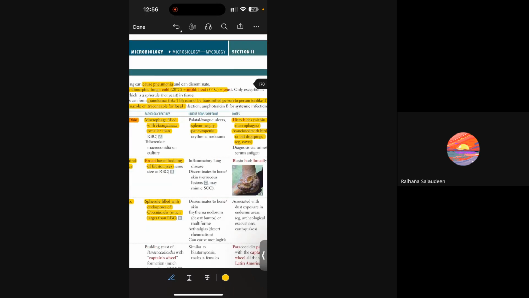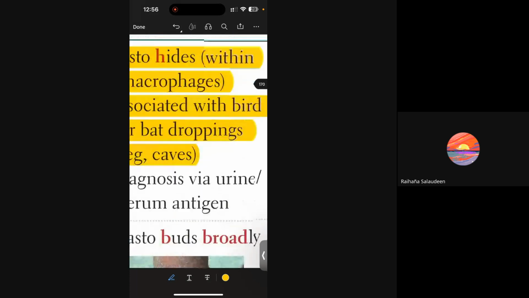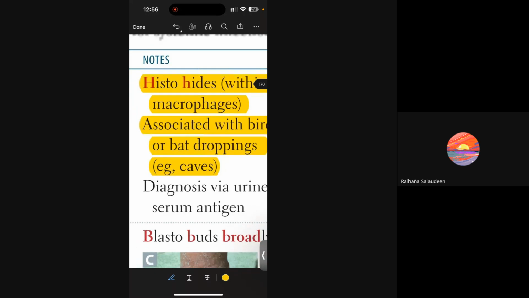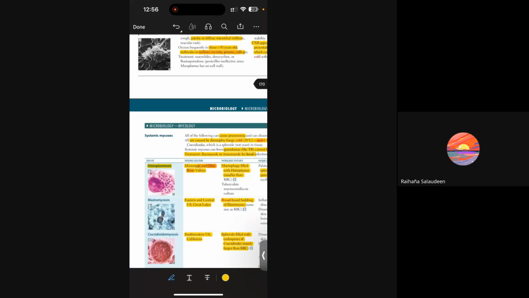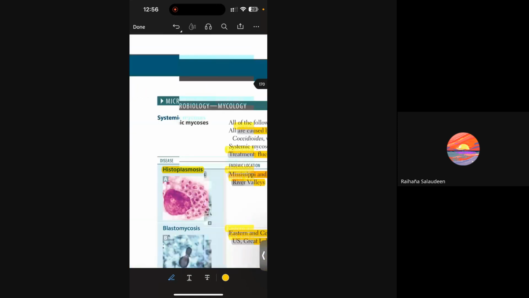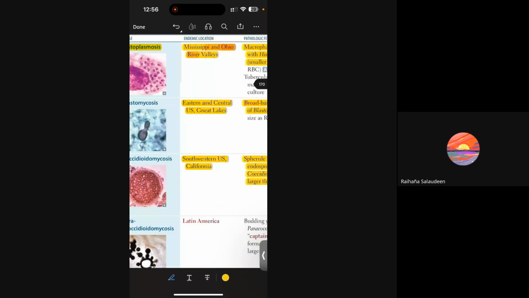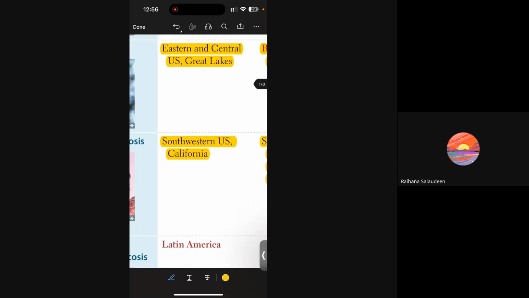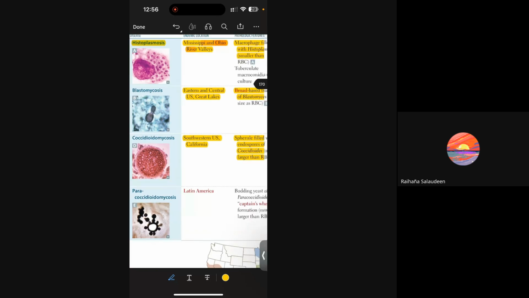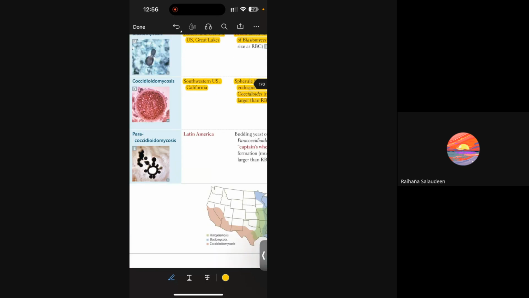Cave exploration is associated with Histoplasma, which is common in the Ohio and Mississippi River valleys. So the answer is the southwestern US and California area, and the southwestern US includes Arizona.